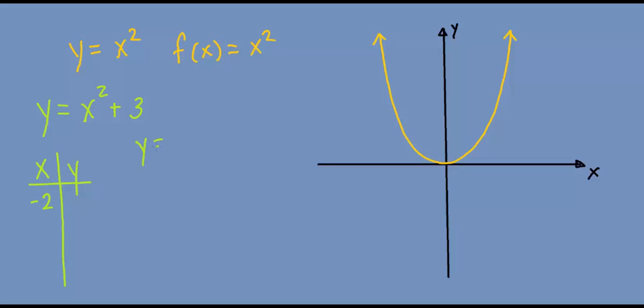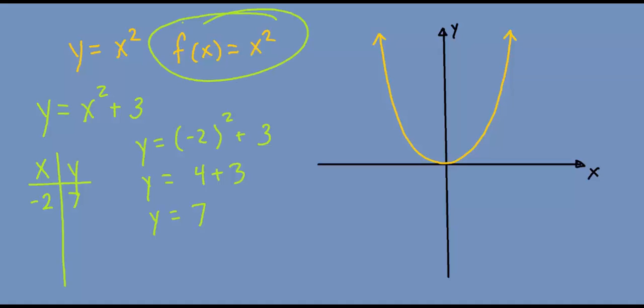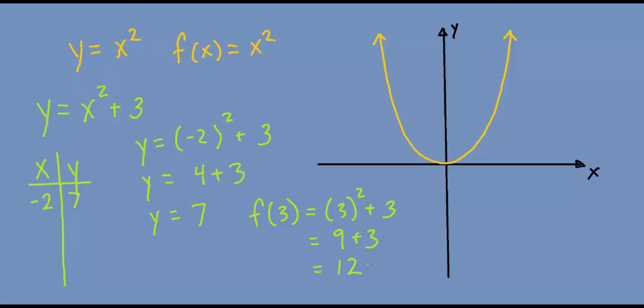What does that give us? 7. Let's plug in a +3 for x, and let's do it this time with the f of x notation. All right, so when x is 3, f of x or y is 12.